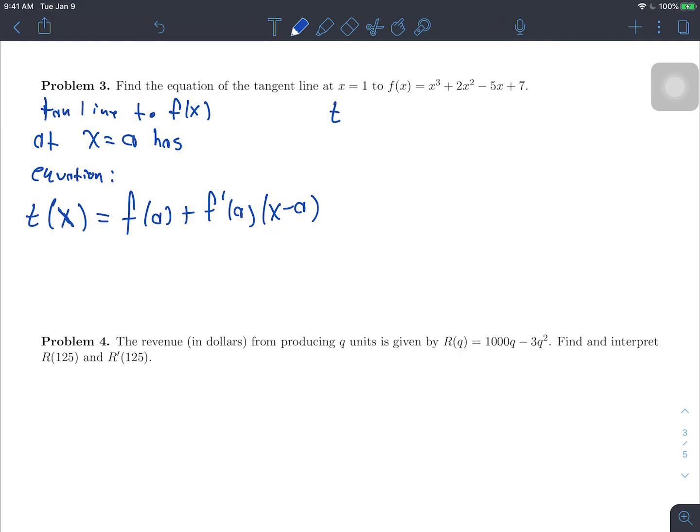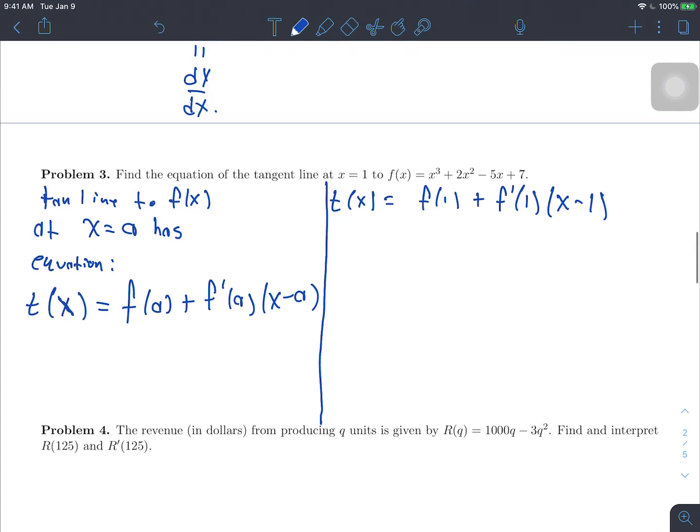So we're supposed to find the equation of the line at x equals 1. So we should have, in our case, t of x should be equal to f of 1 plus f prime of 1 times x minus 1. So that's how we're going to figure it out.